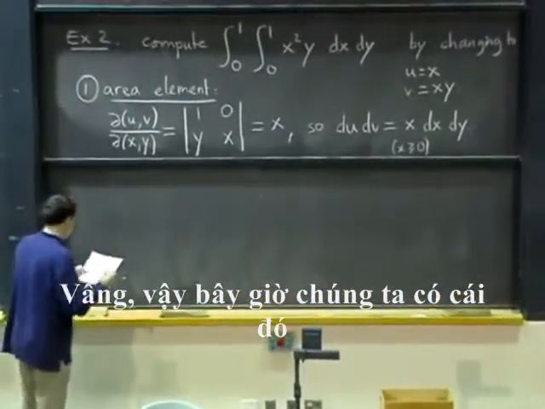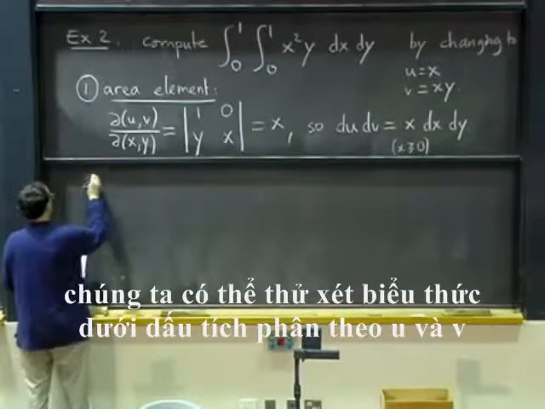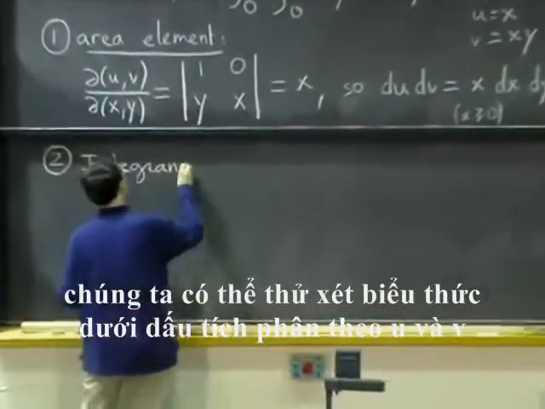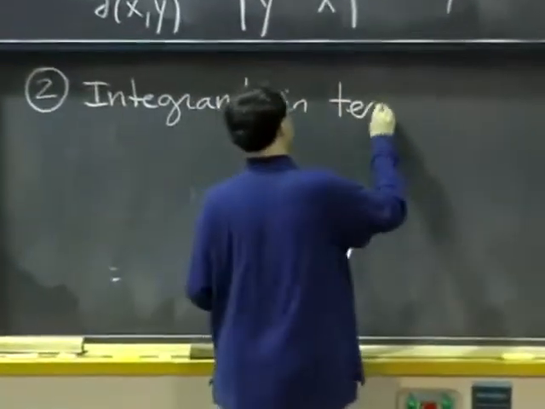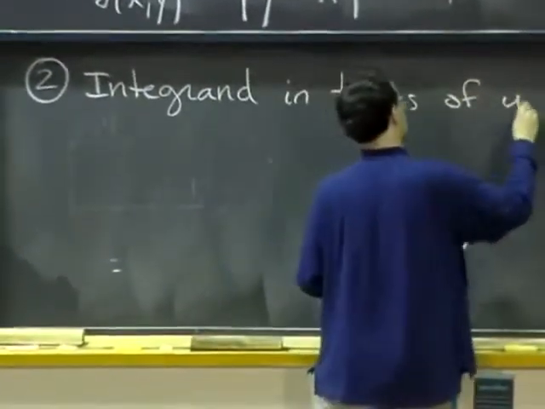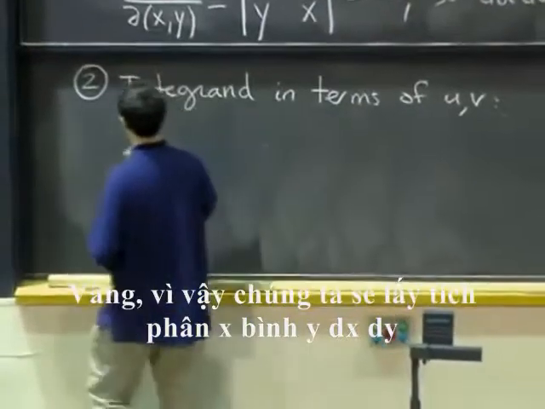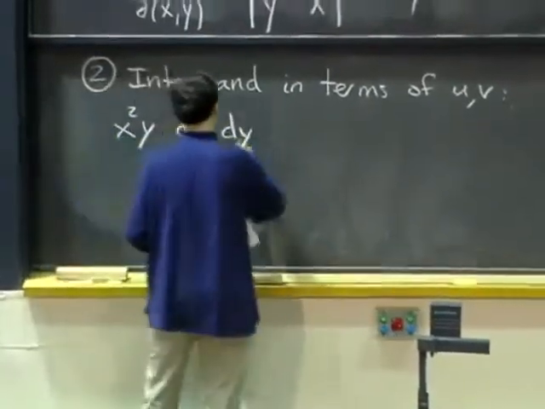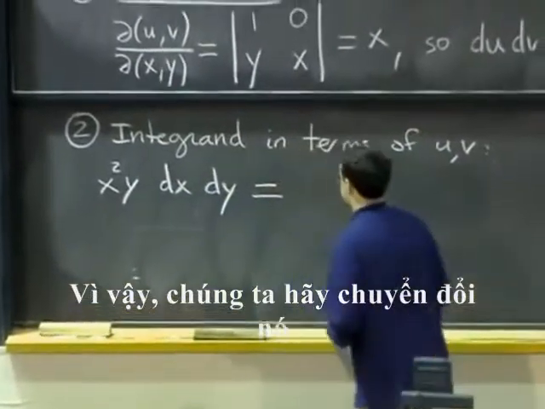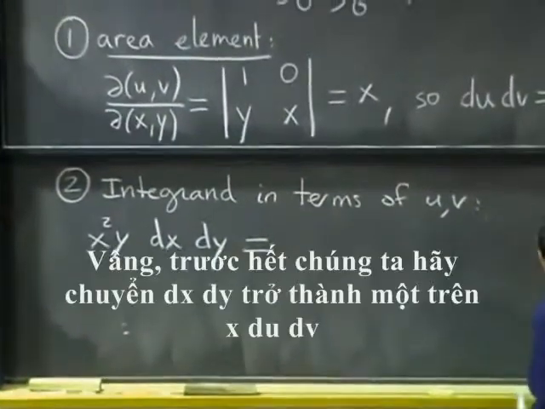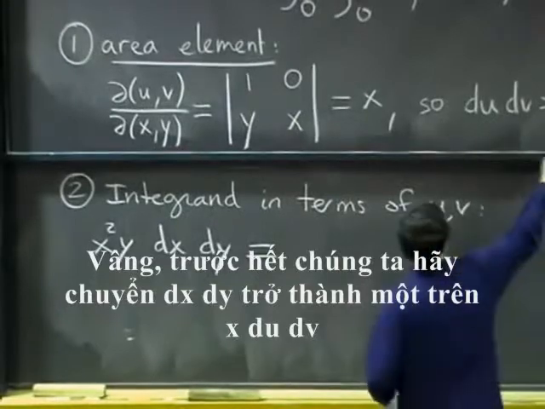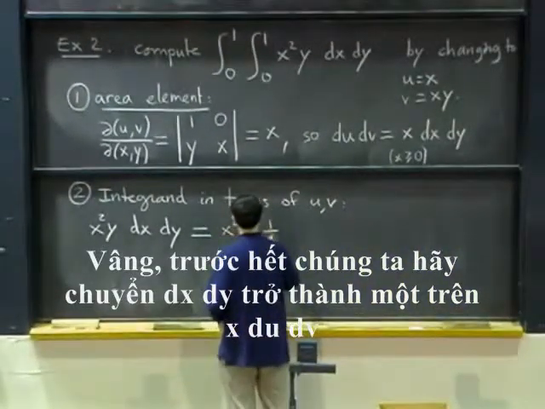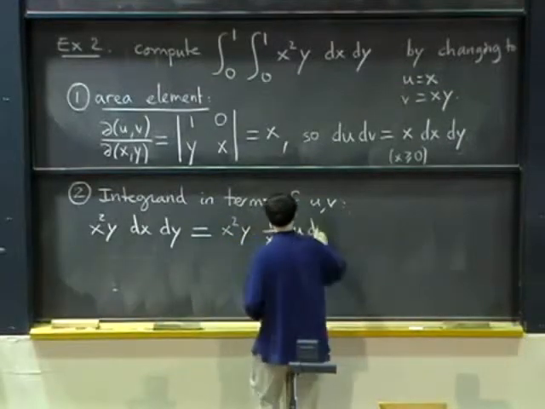Now that we have that, we can try to look at the integrand in terms of u and v. We were integrating x squared y dx dy. So let's first switch the dx dy. That becomes 1 over x du dv.